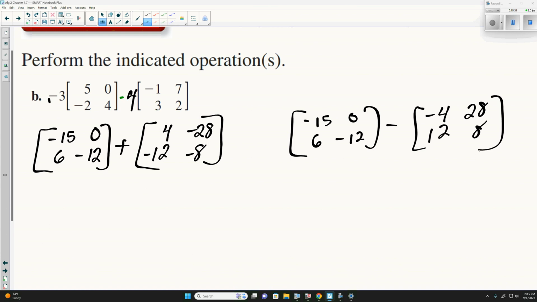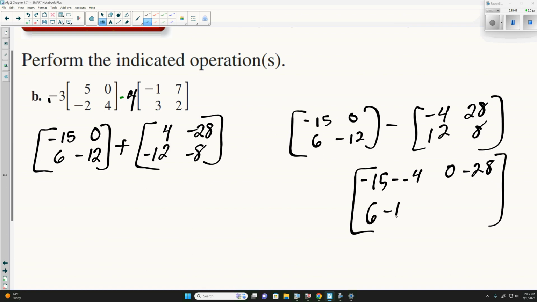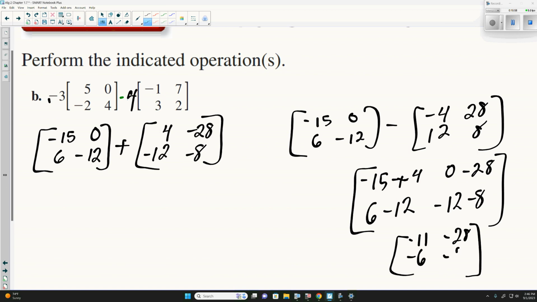If I subtract them, negative 15 minus negative 4, 0 minus 28, 6 minus 12, negative 12 minus 8. Well, the negatives make it negative 11. 0 minus 28 is negative 28. 6 minus 12 is negative 6, and we get negative 20, yes?